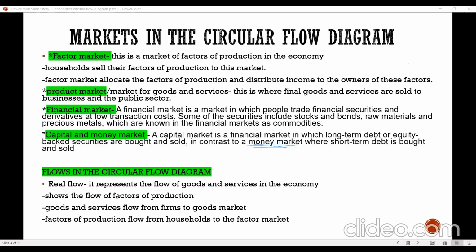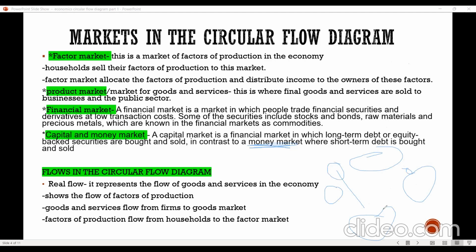Flows in the economy. We just talk about how these things flow, how it all flows from one participant to another, from one firm to another, from one market to another. What is the flow?